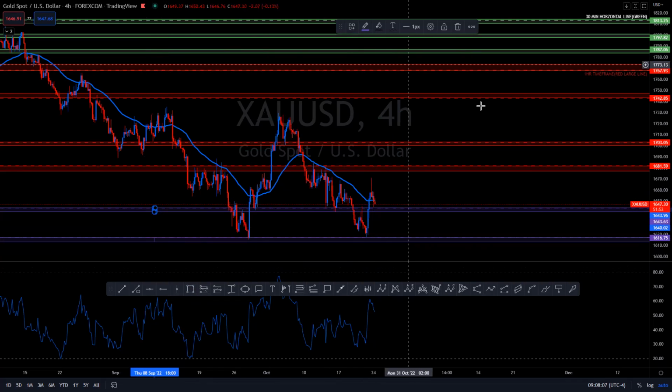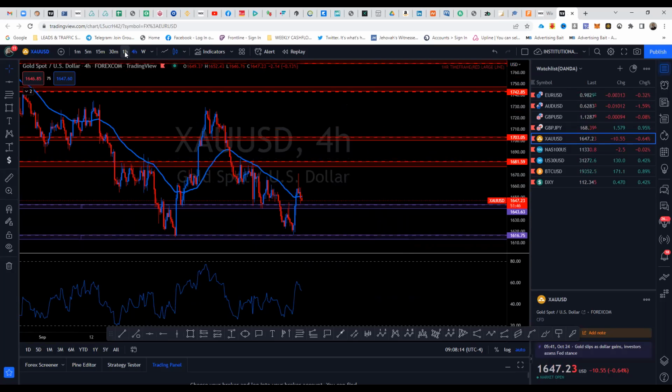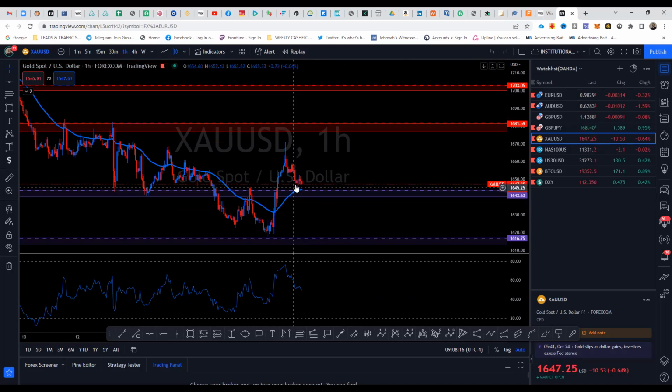Then what we're going to do now is go to the smaller time frames. You can see that price is pretty much going into a downtrend.